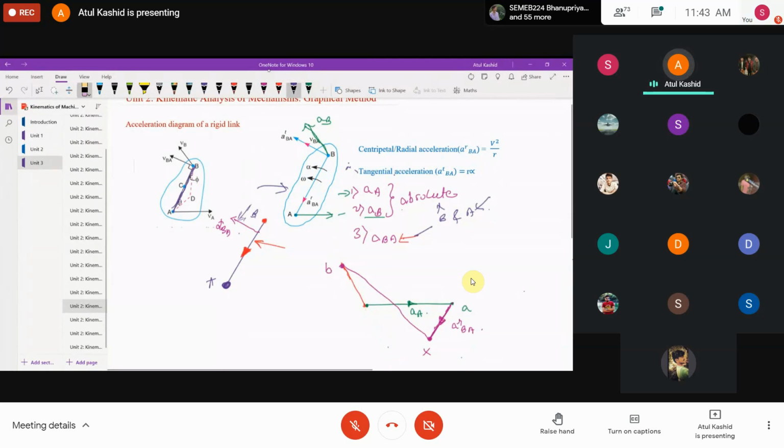Okay, so point B we have got, and we can see now if we connect the point A to the point B, I'm going to get the total acceleration of the link AB. So this is our total acceleration. Okay. So I will shade the portion. Just a minute.